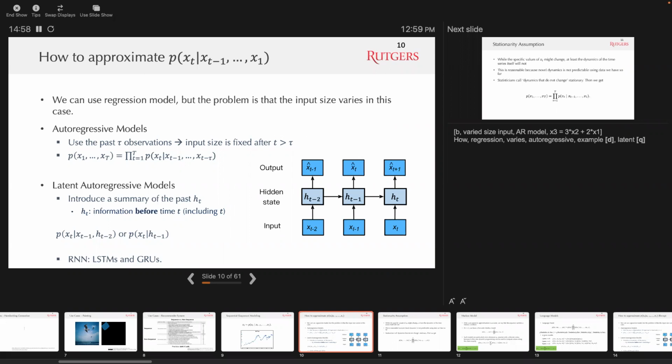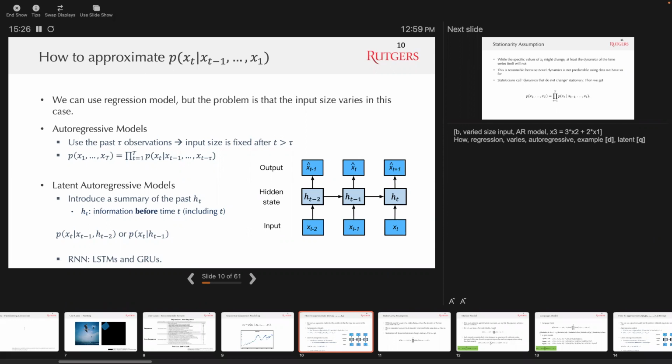This ht minus 1 contains all the information in the past. That basically means that ht minus 1 contains the information from the current time step, which is t minus 1, and it also contains the information before t minus 1.